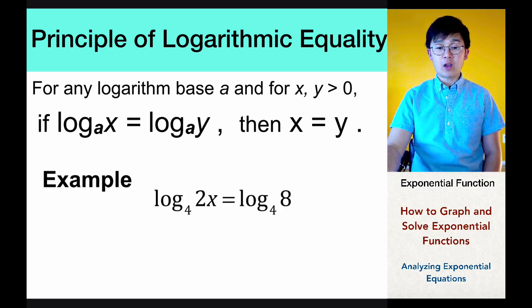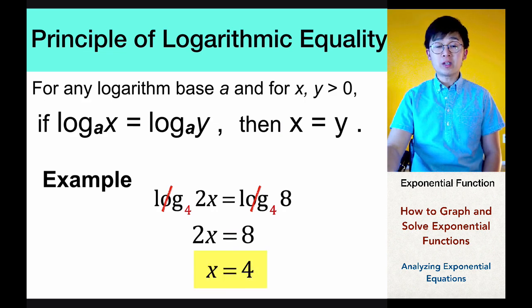So, kung meron tayong log of 2x base 4 at log of 8 base 4, pwede nating cancelin yung logarithm natin kasi magkaparehas lang tayo ng base. So, ang matitira sa atin is 2x equal to 8 at masosolve na natin yung x by dividing by 2, so x is equal to 4. So ito yung pangalawang principle na gagamitin natin sa pag-solve ng exponential function.